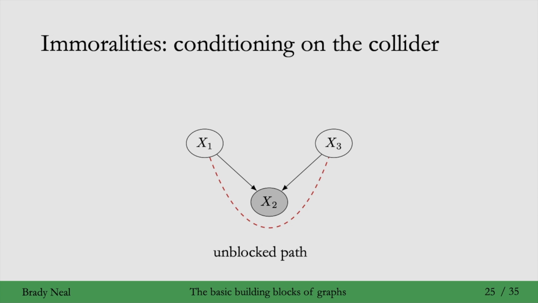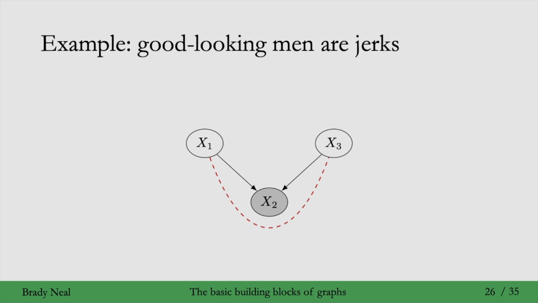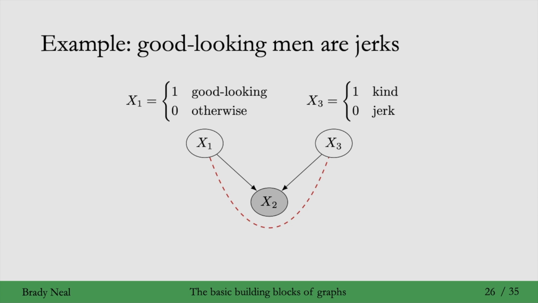To give you some intuition for this, we'll use an example of the perception that good-looking men are jerks. So say that good-looking is x1 and kindness is x3, so you get 1 for x1 if you're good-looking, 0 otherwise, and you get 1 for x3 if you're kind, and 0 if you're a jerk.